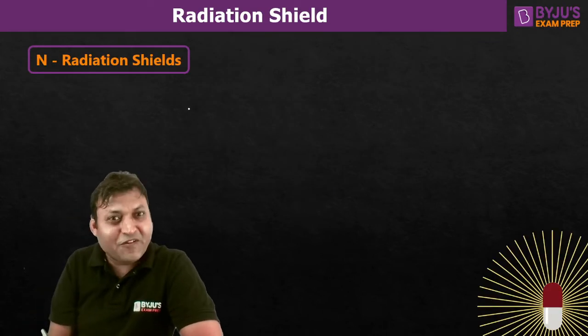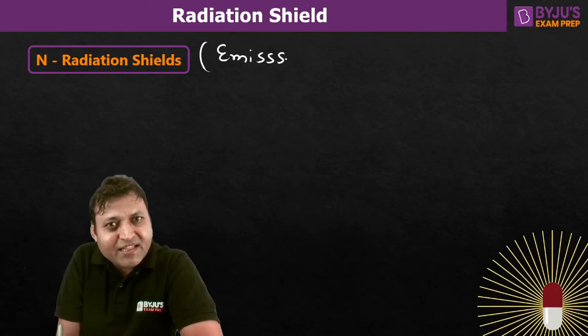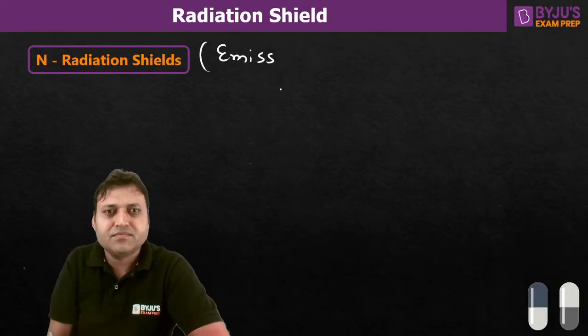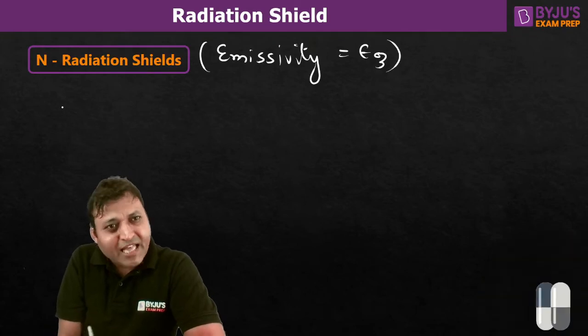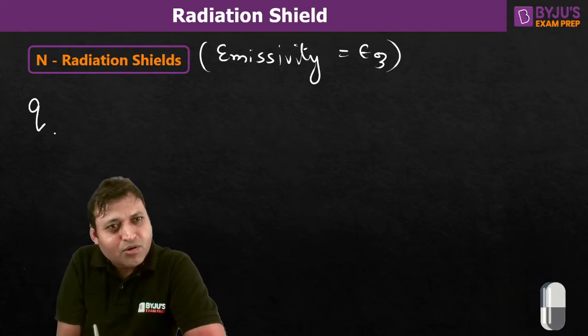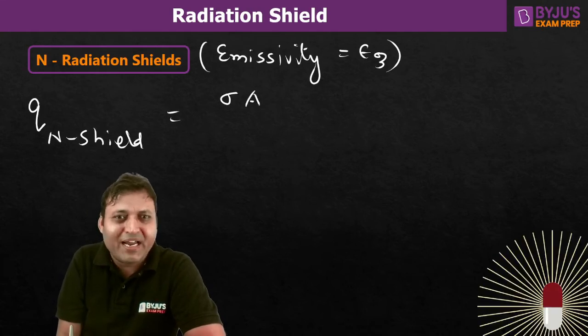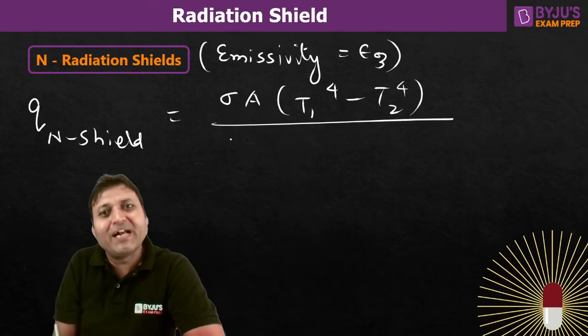Now, if we generalize for n radiation shields having the emissivity epsilon 3, then Q for n shields will be given by sigma into A into T1 to the power 4 minus T2 to the power 4. The numerator will remain the same.